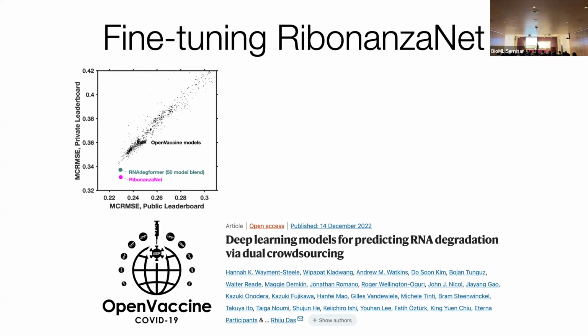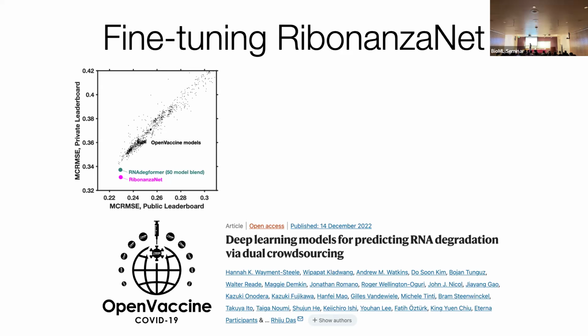Here I'm showing you, again, lower is better. In black are all the prior open vaccine models trained on roughly 3,000 sequences that we collected in 2020 during the pandemic. And here's RiboNanzaNet, trained on a much bigger data set with different kinds of chemical mapping data, but fine-tuned to the same training data here. And it's totally crushing all of these prior models.